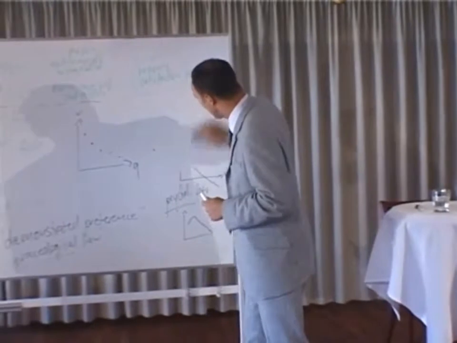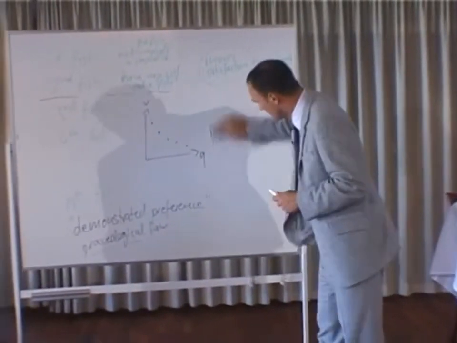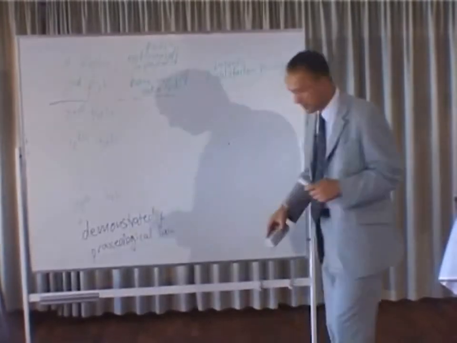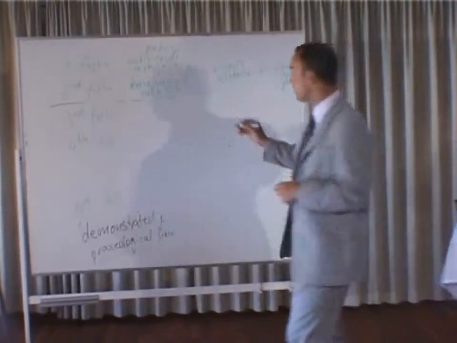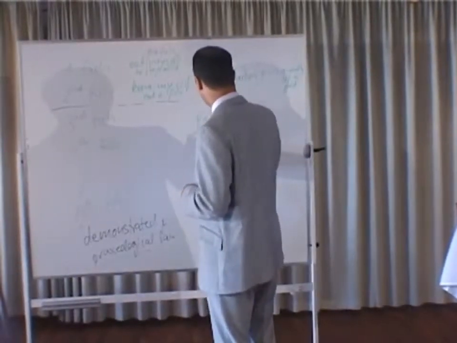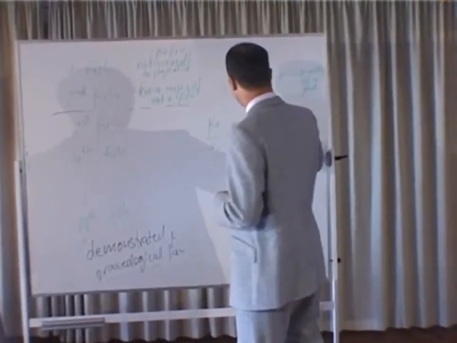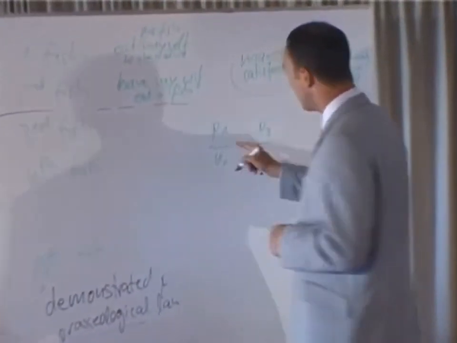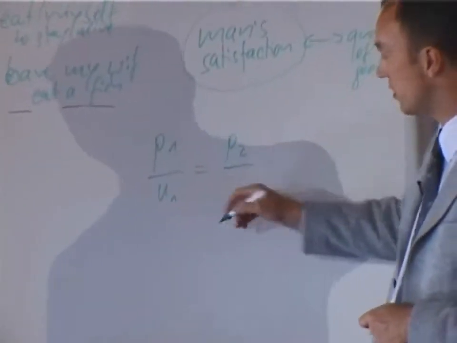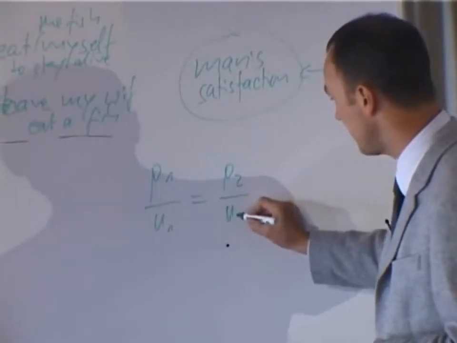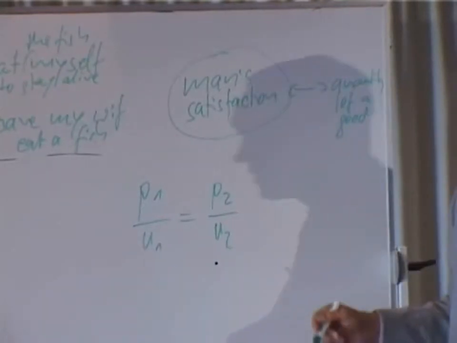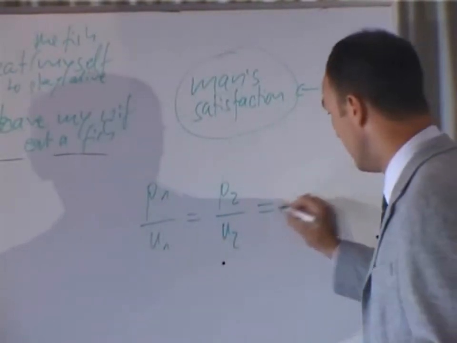Okay, get a common denominator for all these goods, and I can write a nice equation that gives me the equilibrium condition, that is the condition that should hold in a situation that is optimal for my decision making, namely that the relationship between the price for good 1 and the utility that I derive from good 1 is the same as the relationship between the price that I pay for good 2 and the utility that I derive from good 2.